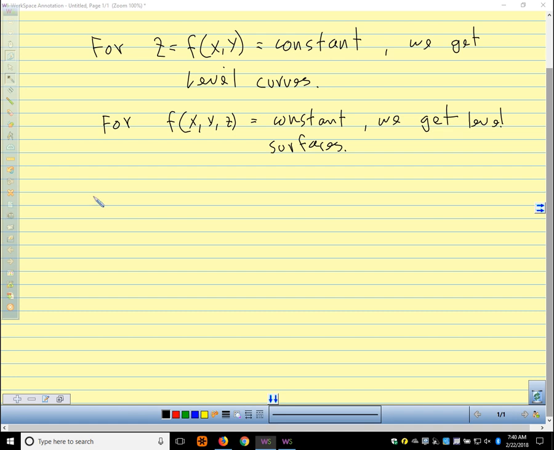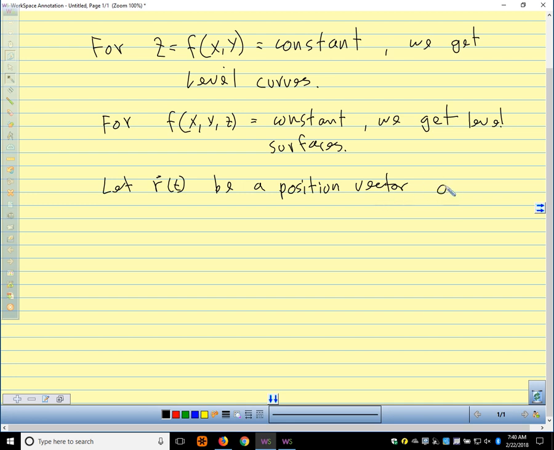So for today, we're going to let r of t be a position vector.